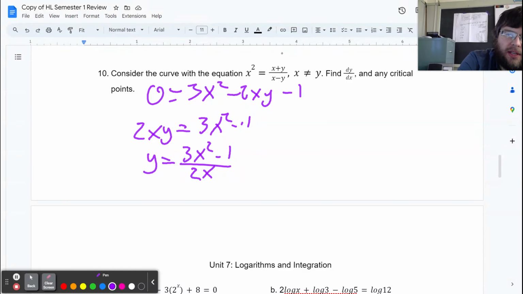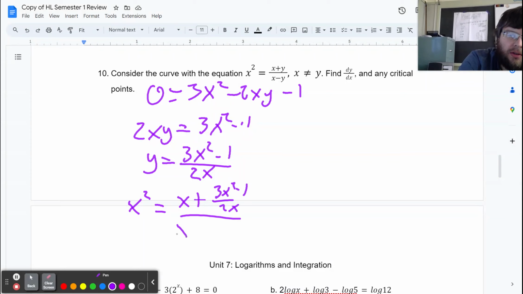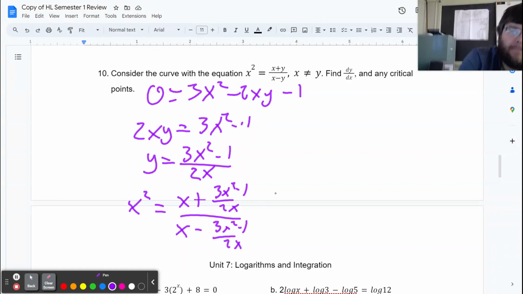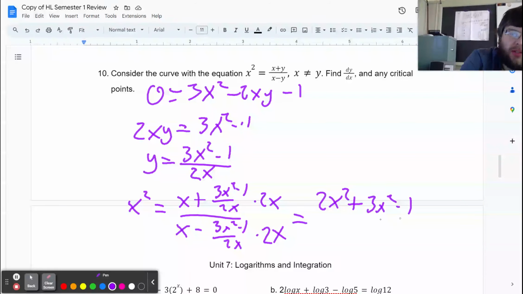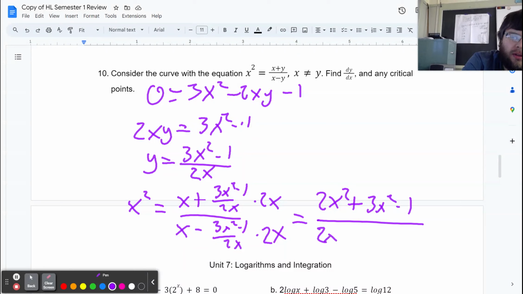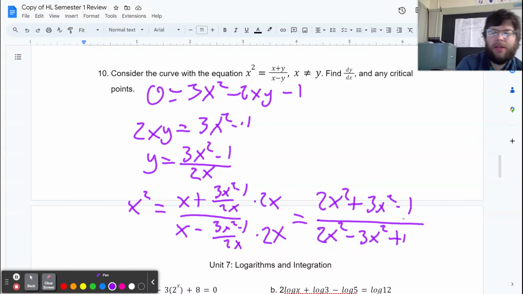If I substitute that into the original equation, then I know that x squared equals x plus y over x minus y. And if I multiply both of them by 2x, I get 2x squared plus 3x squared minus 1 over 2x squared minus 3x squared plus 1.